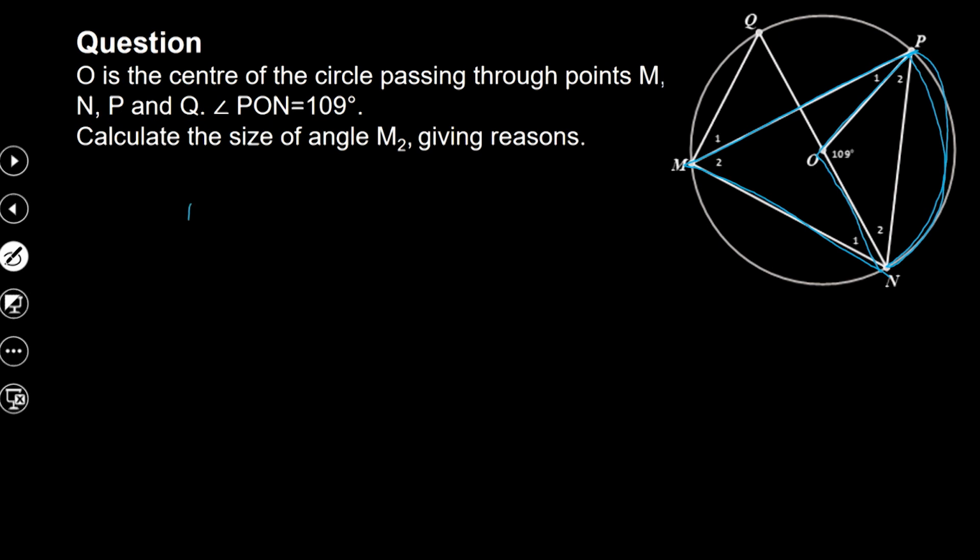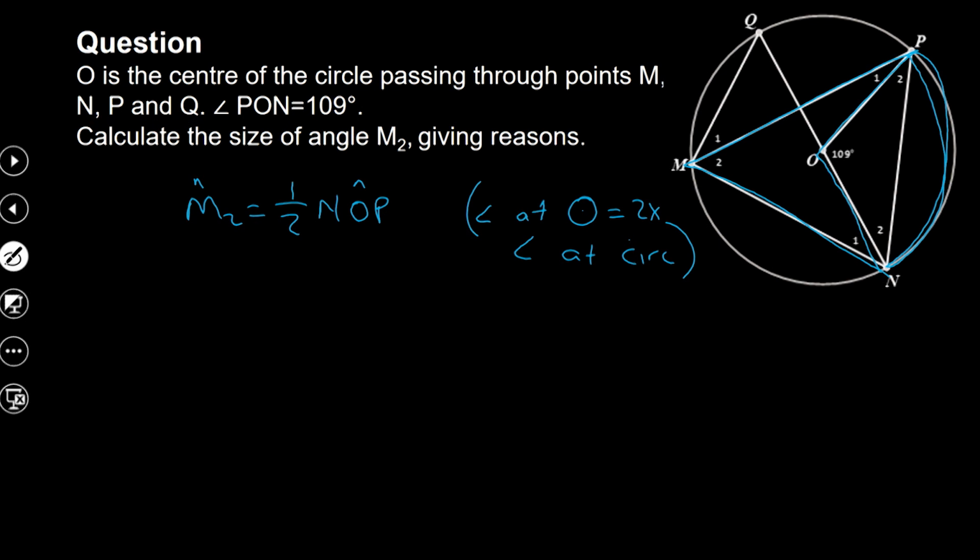So it means that M2 will be equal to 1 over 2 NOP, right? And my reason for this will be angle at center equals 2 times angle at circumference. And then from there you can solve for your M2.